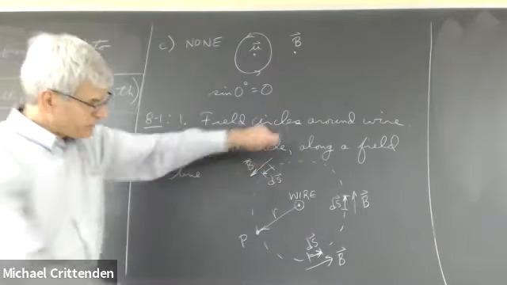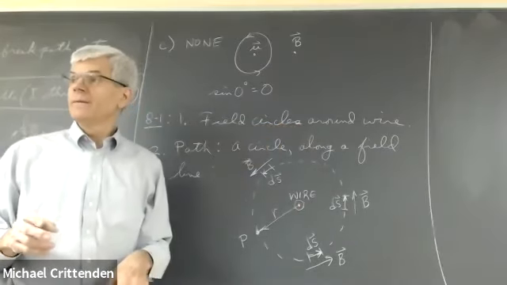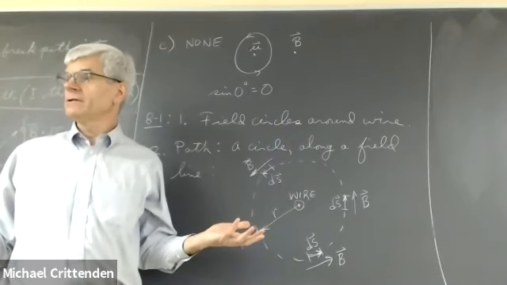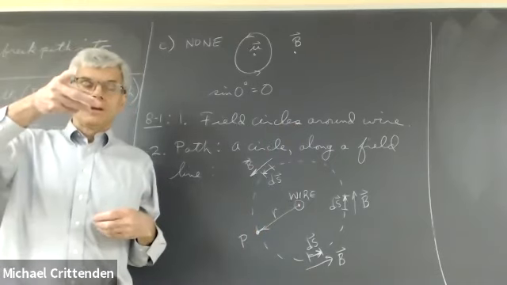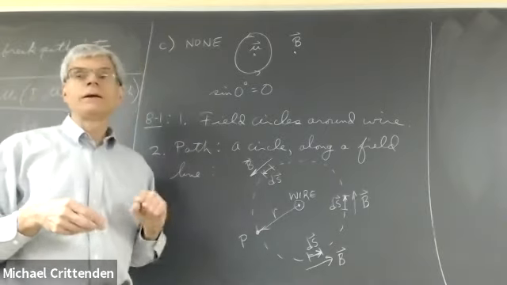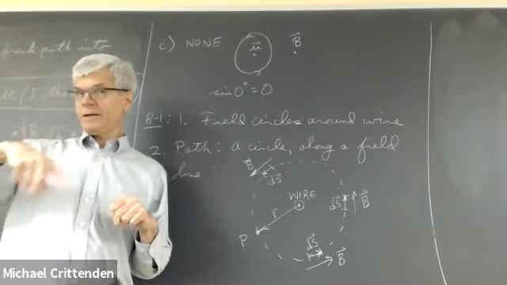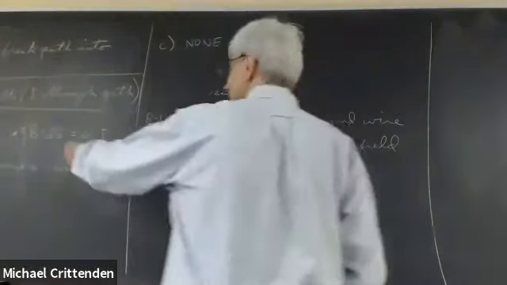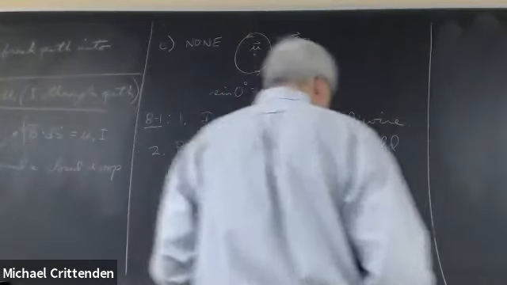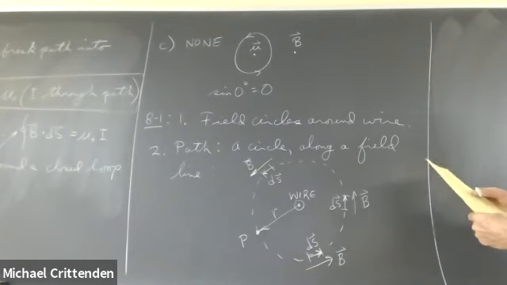I could take this picture, I could rotate it 41 1/3 degrees, and you would never know. It would look exactly the same. So therefore, the strength of the field, B, is the same everywhere along that path. And so we don't need to actually perform any integral. Everything is constant as you go along the path.